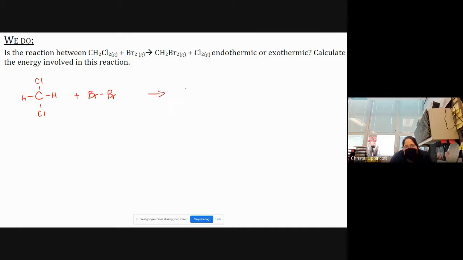And that's going to yield my carbon, hydrogens, bromines, and then chlorine. All right, already balanced. See if you can come up with the right answer.